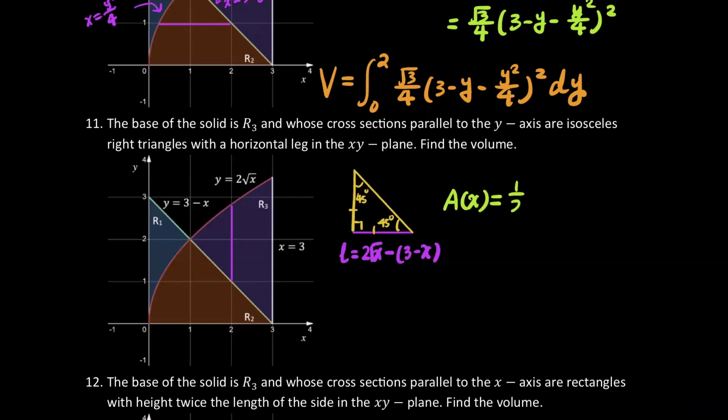So it's 1/2 base times the height. And the volume will go from 1 to 3.